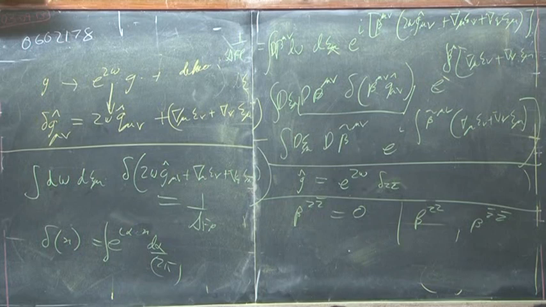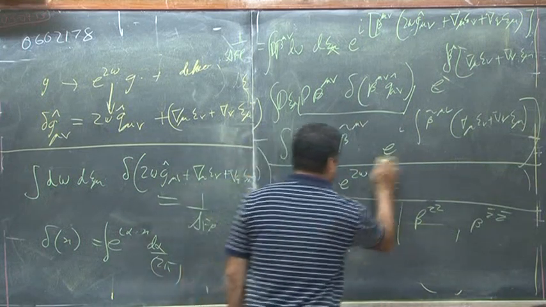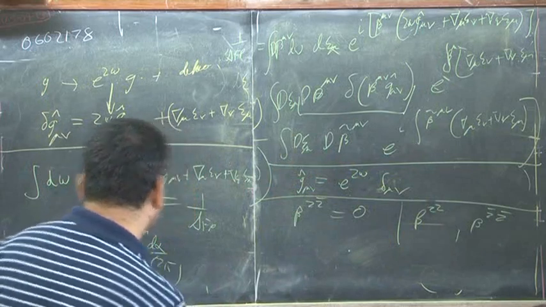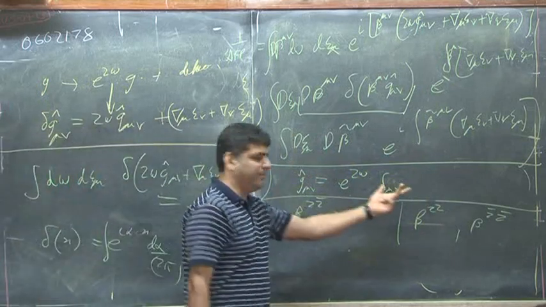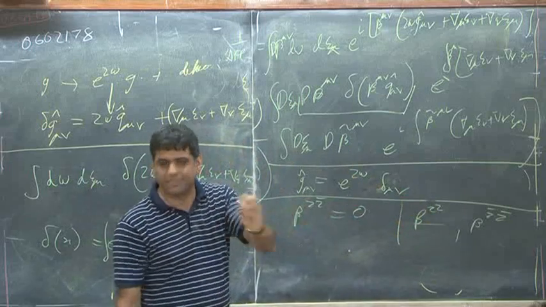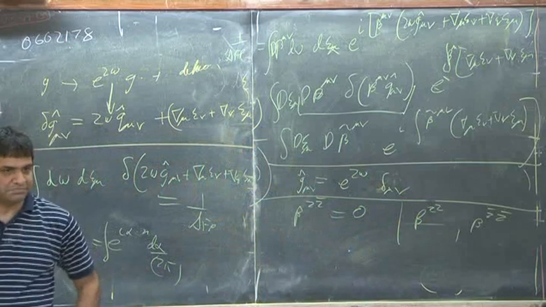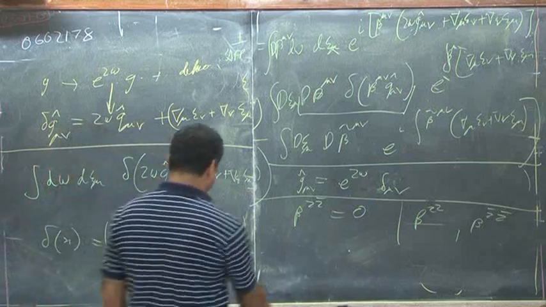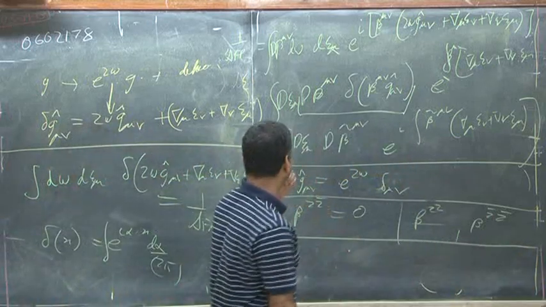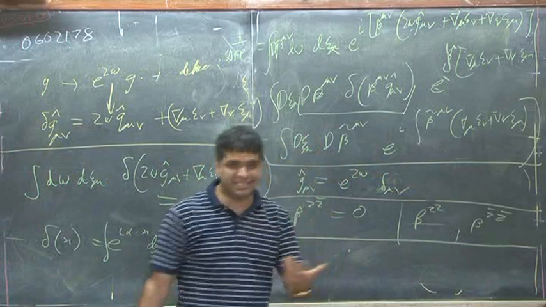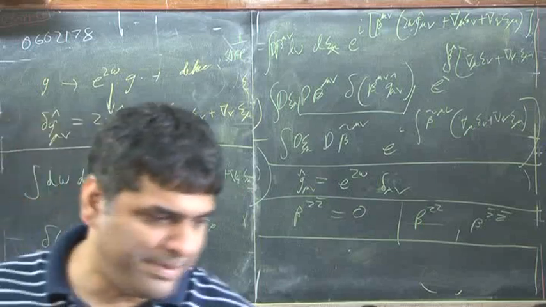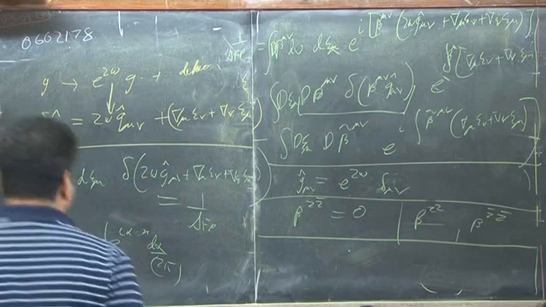Just one thing: it's important whether G hat is the metric in any x1, x2 coordinate system, and then z is x1 plus I x2. Okay, wonderful. So now we've got an integral over 2 zetas, zeta z and zeta z bar, and over 2 betas, beta z z and beta z bar z bar.